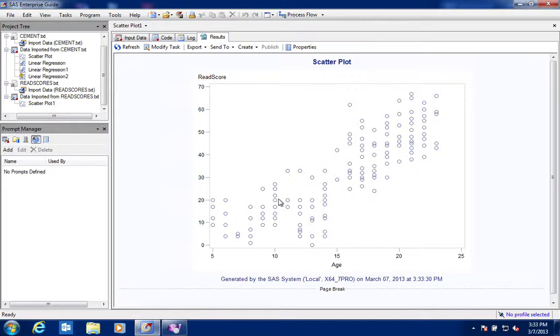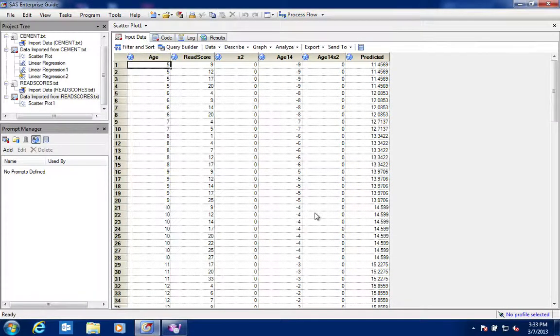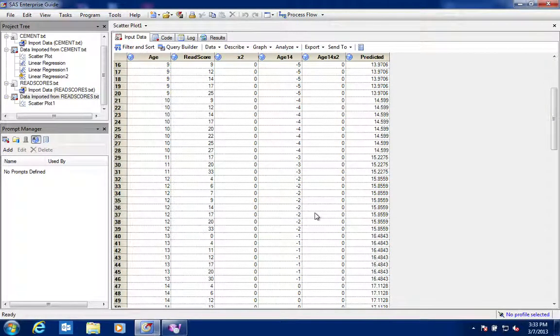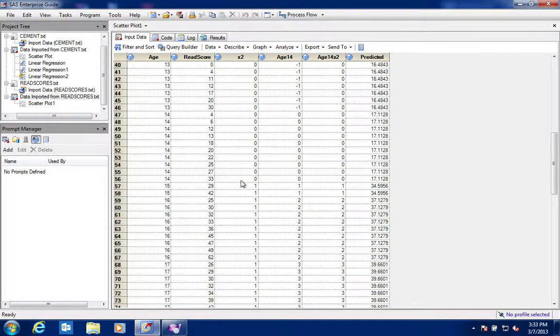Before you start working on the Piecewise, have a look here. I want to introduce some columns to you. Age is the age that you have. The reader score is this one. Then x2 is the dummy variable, the indicator variable, and it is based on this graph. Which number is suggested here? 15, right?